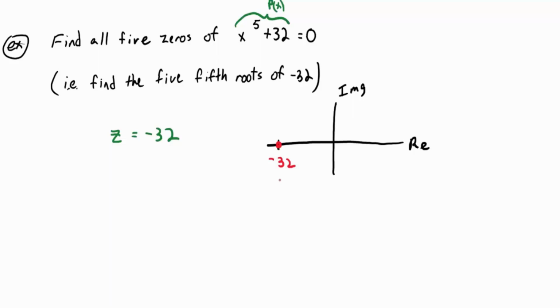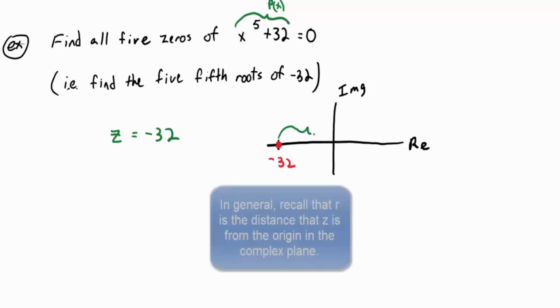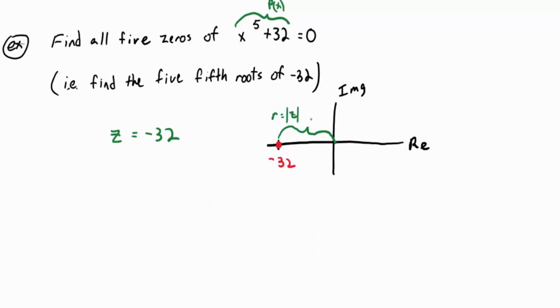So we need an r and a theta to put this in r cis theta form. What is r? What is the distance that negative 32 is from 0? 32. So r is the absolute value of z, which is positive 32. The absolute value of negative 32 is positive 32.